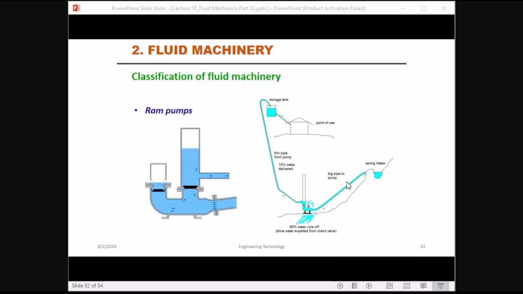Then here you can see a suction part, and this is the outlet discharge part. Then a storage tank here. You need to pump water from this location to this storage tank. Okay, this is a ram pump.